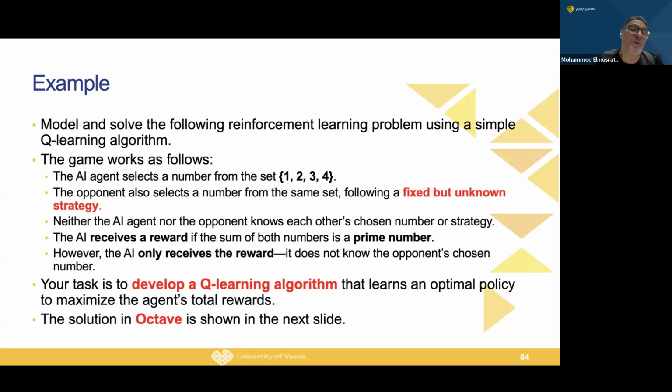As I said, we have many different reinforcement learning algorithms, but because in this course we have almost all kinds of learning algorithms, I didn't go through the details of every algorithm. But the concept is the same. The concept that I explained today applies to other algorithms as well.